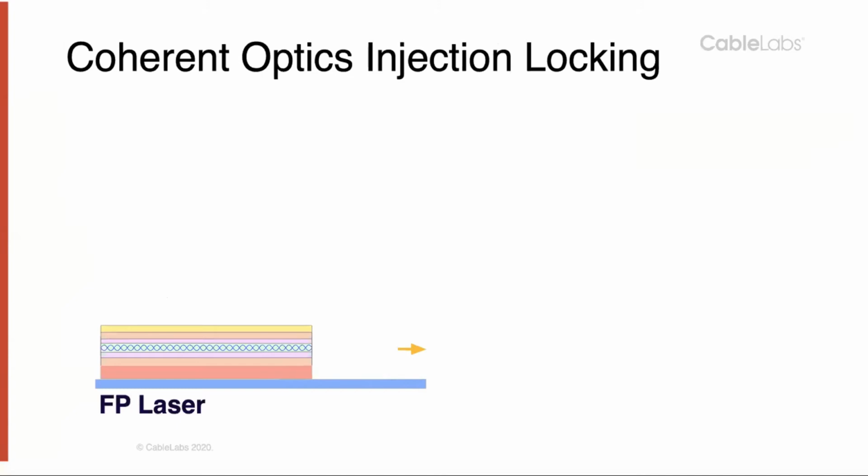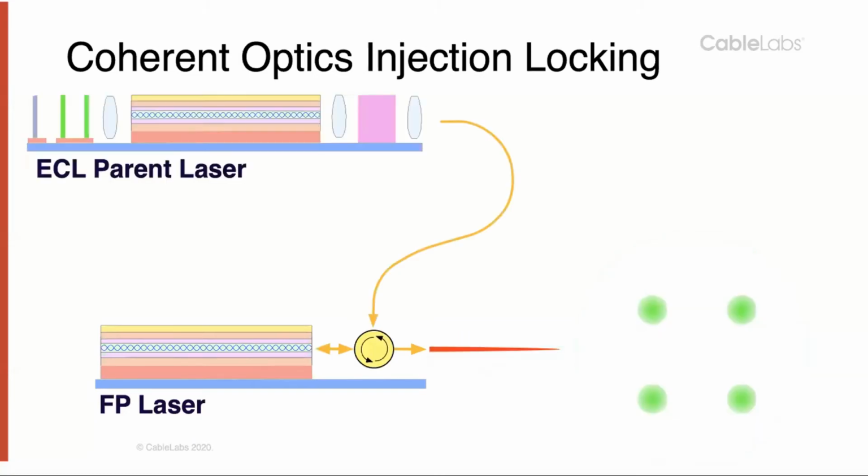If you have an FP laser, you're transmitting many modes, right? This is a very basic laser, so you transmit many modes, and you cannot distinguish phase using that type of laser. But if you injection lock this laser using a high quality parent laser like an ECL, then this ECL is exciting this FP laser, and this FP laser is now lasing with a much higher spectral purity so that you can generate this signal and it is useful for coherent transport.